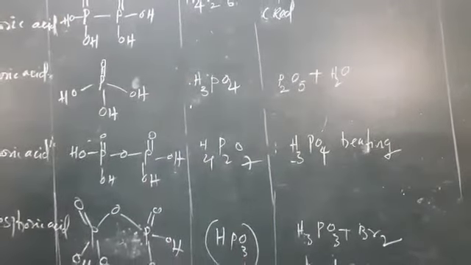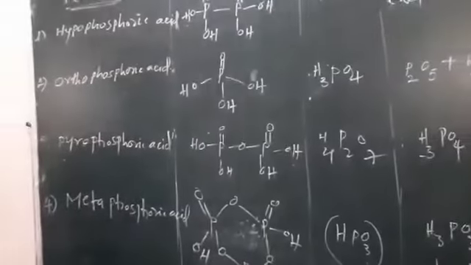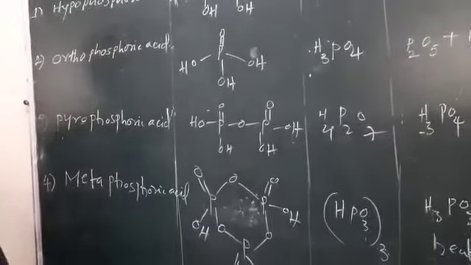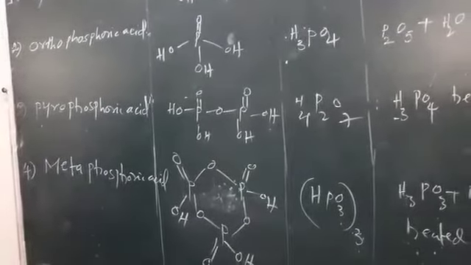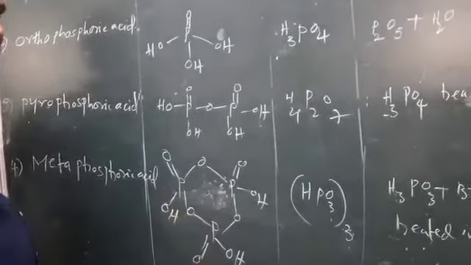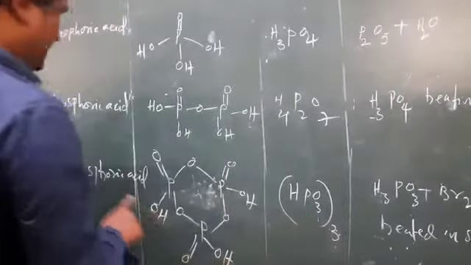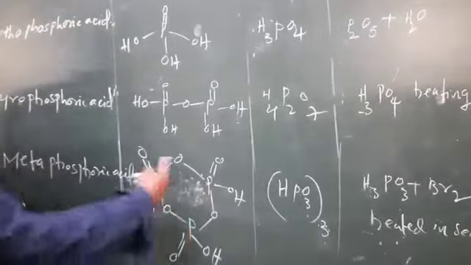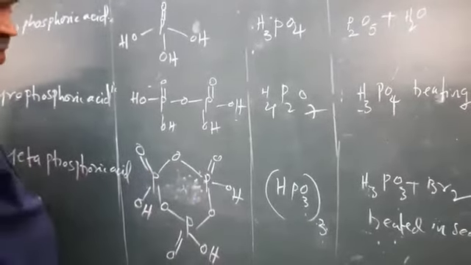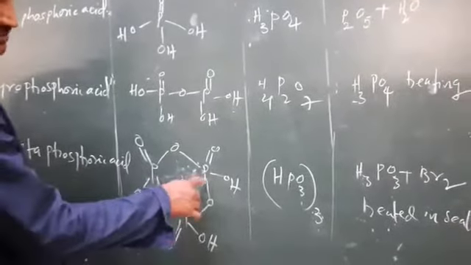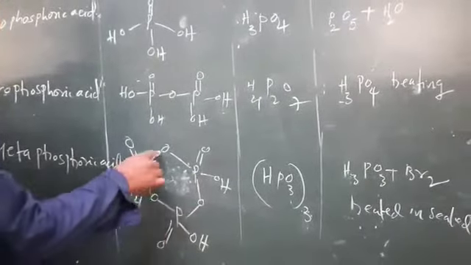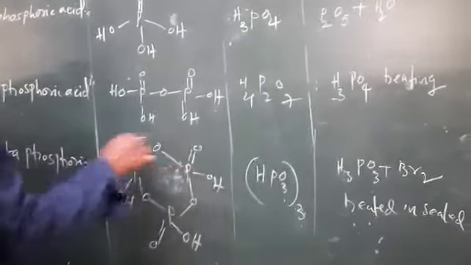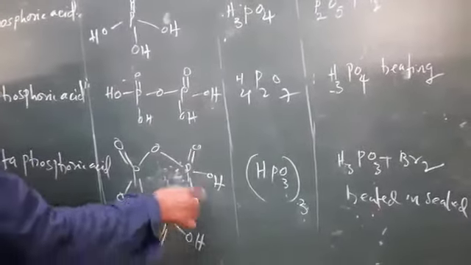and give pyrophosphoric acid. Next, metaphosphoric acid. It generally forms a cyclic, trimeric form. 3 units of metaphosphoric acid are joined to form a cyclic structure with 3 POP bonds, 3 P double bond O bonds, and 3 POH bonds.